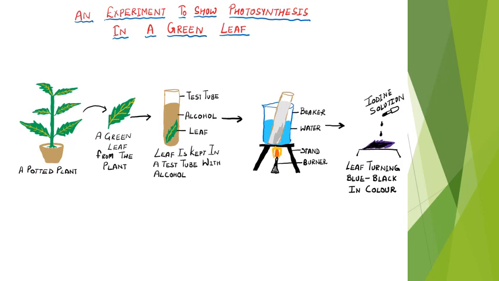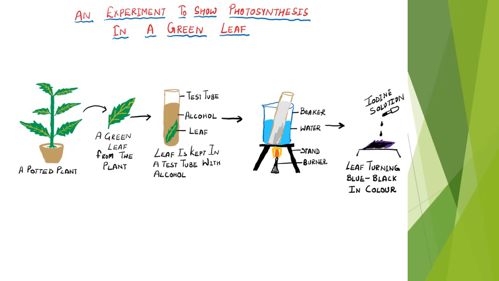Because alcohol takes out the chlorophyll content from the leaf. Now this test tube in which alcohol and the green leaf are there is kept in a beaker which is half filled with water, and this whole setup is put on a burner. It means we have to boil this.